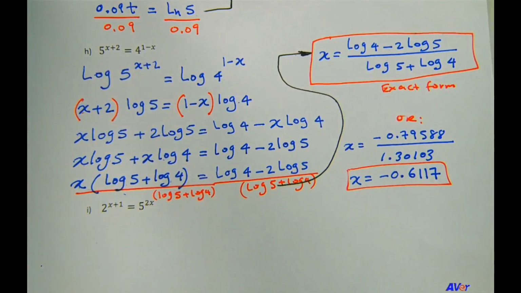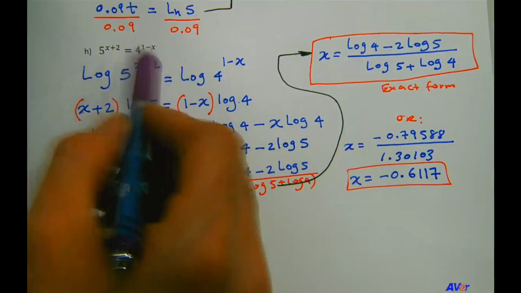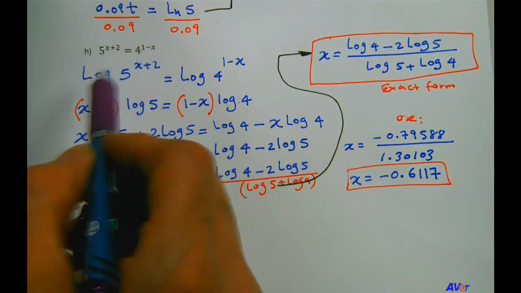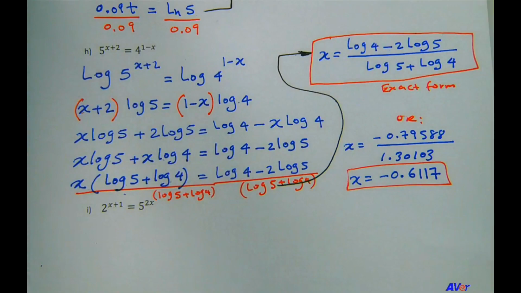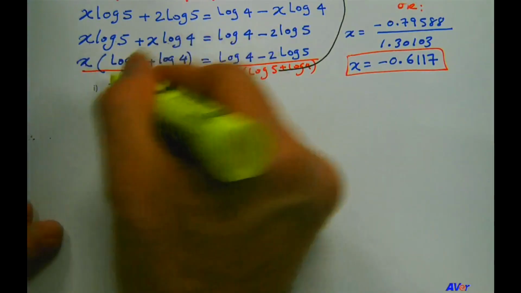But just keep in mind, because this is not an exact answer, when you plug this here to compare the left and right, you're going to get a little bit of an error. So the two sides are not going to be exactly the same number, but they will be very, very, very close. Okay? All right. So now we get to the next problem, which is this.